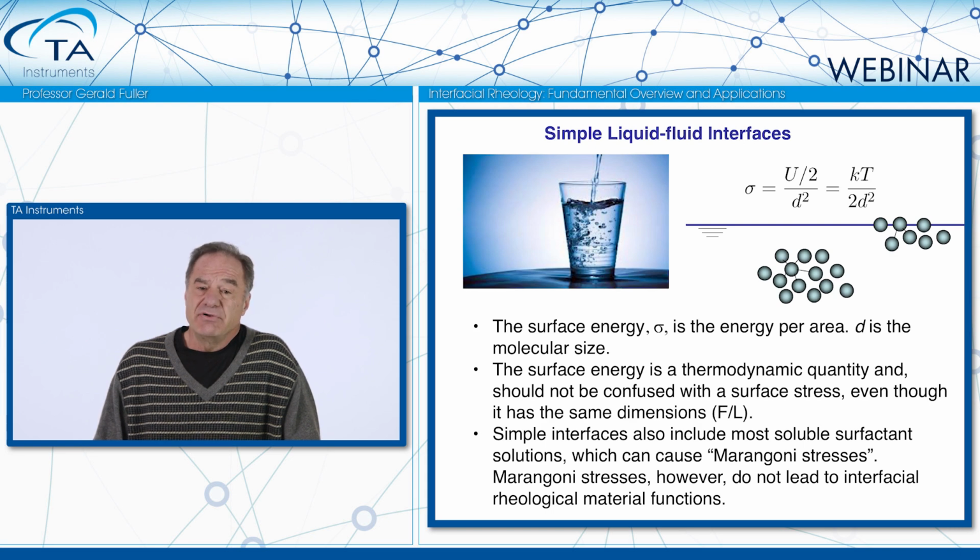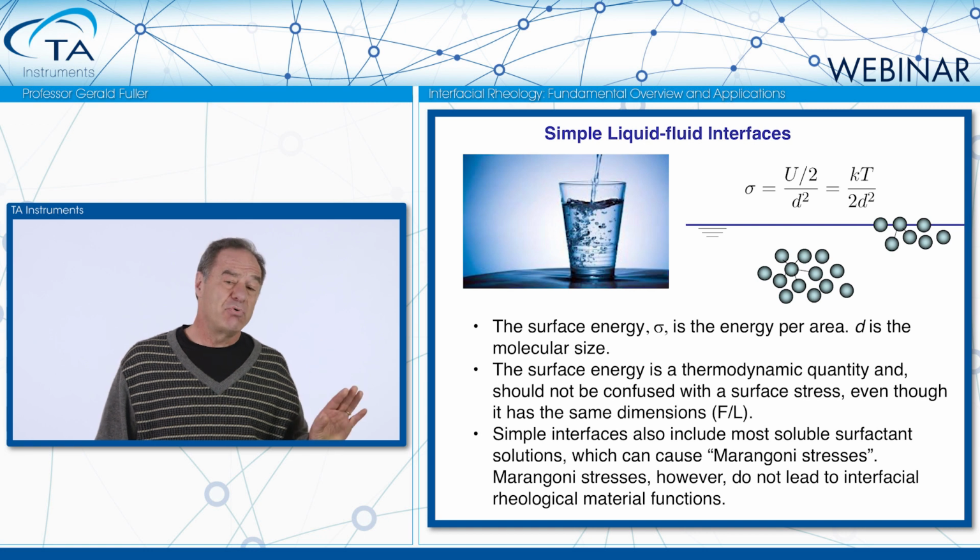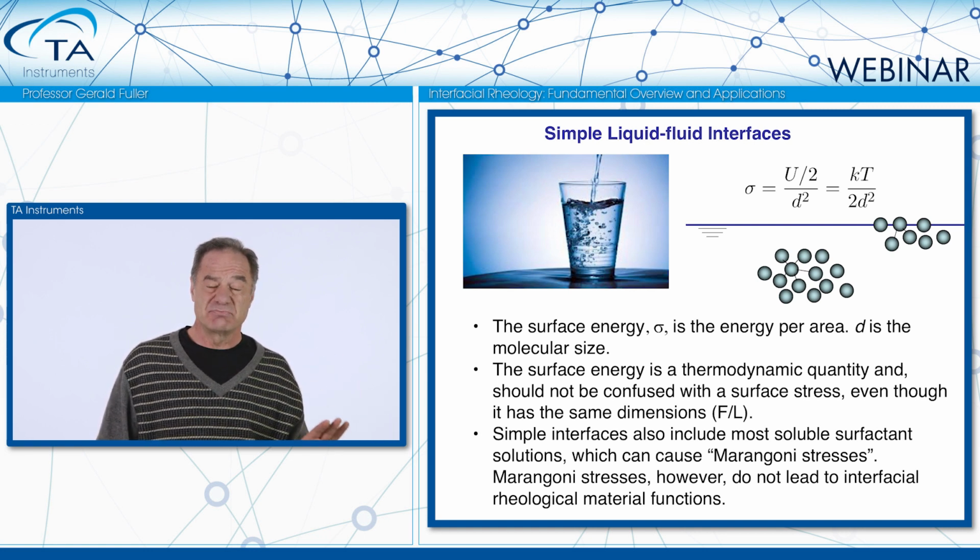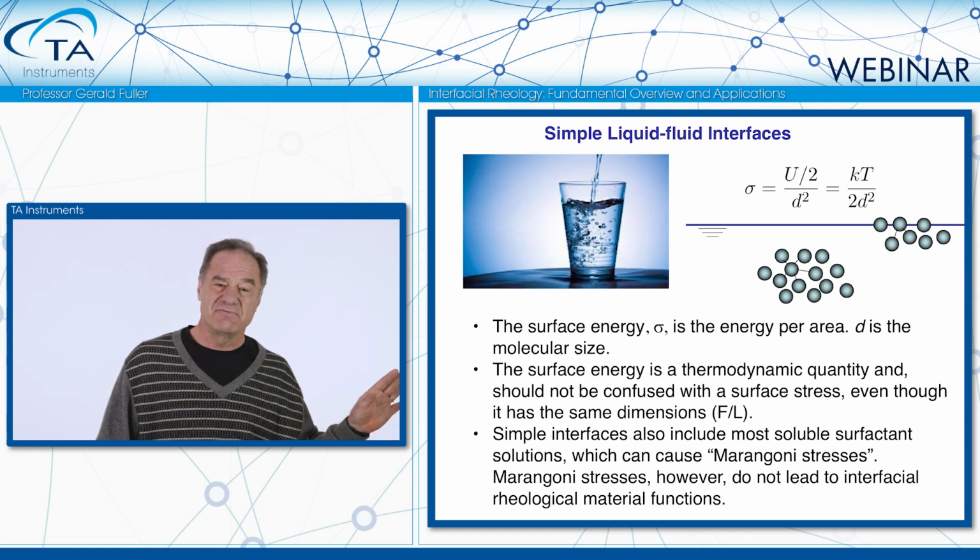You'll get about 30 to 40 dynes per centimeter, or ergs per centimeter squared. And that brings up the point that the surface energy has the same dimensions as force per length. And so that's why you sometimes refer to it as a tension.